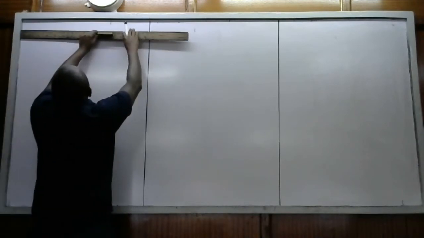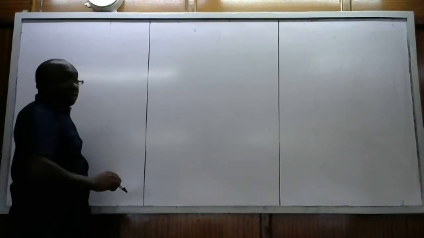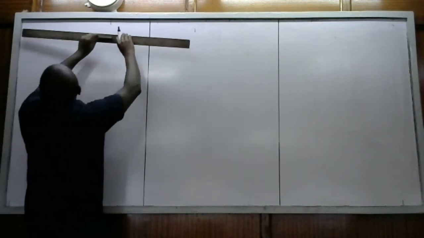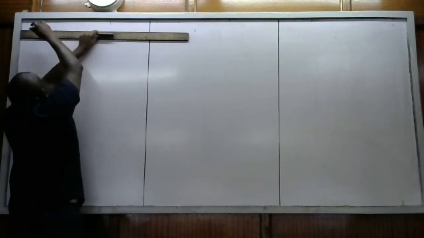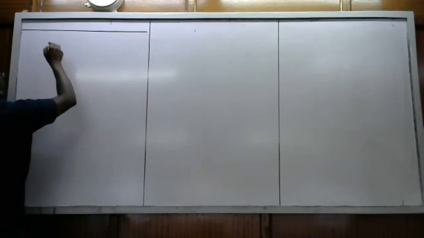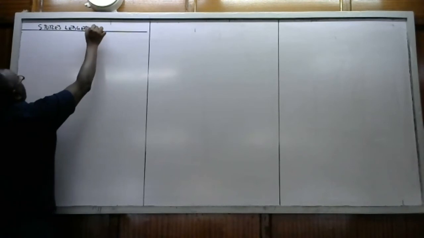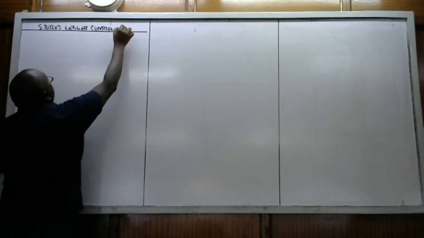So as you can see, the first one is the stores ledger control account. So let's draw that account. I had said it is November 2017, question 2. So we draw stores ledger control account.